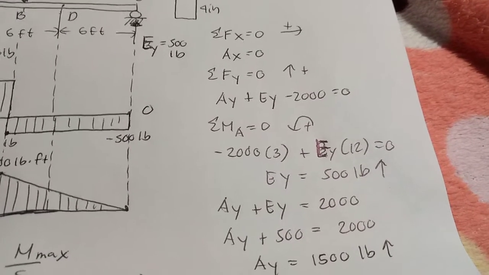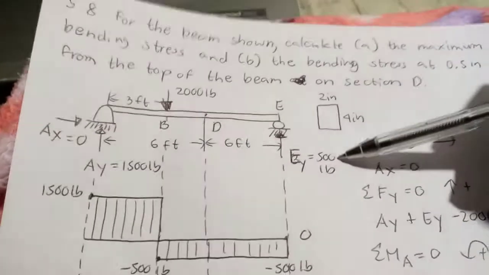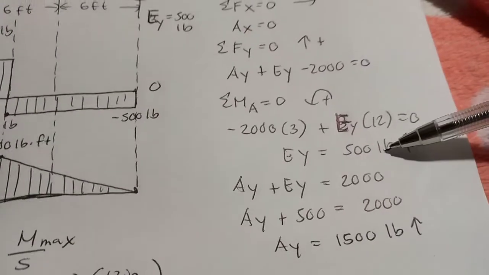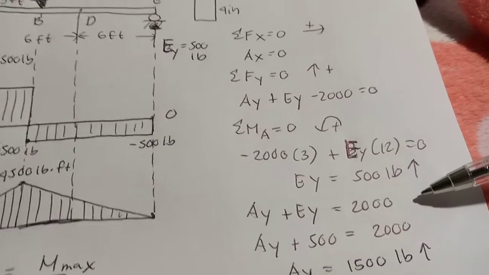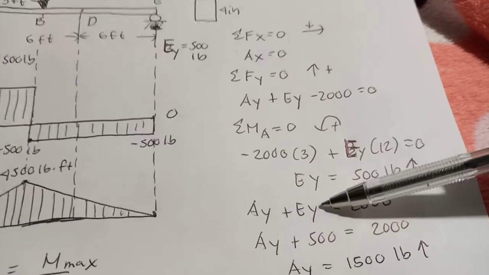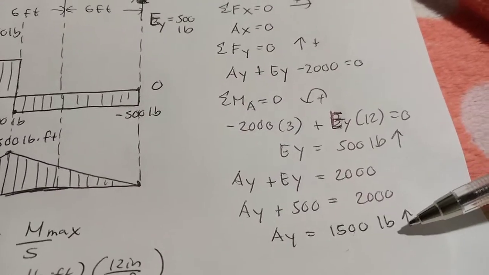So we get EY is equal to 500 pounds. I have already put it here. Since we know the value of EY, we substitute into this formula.